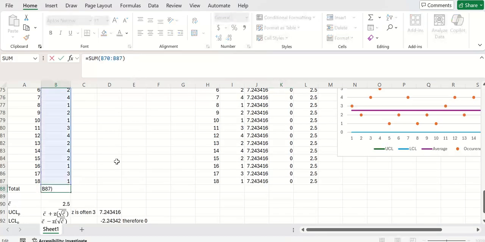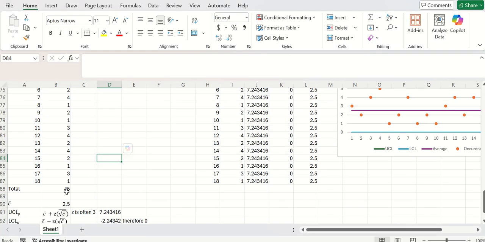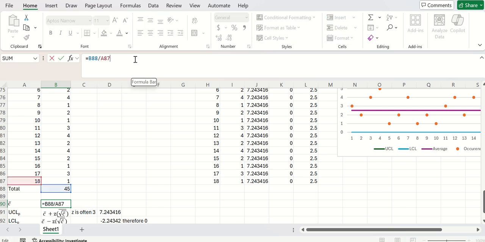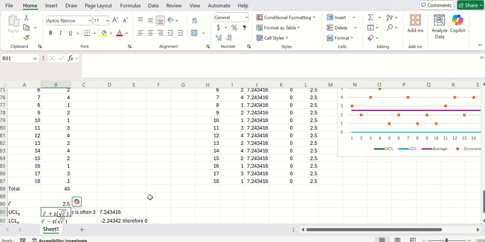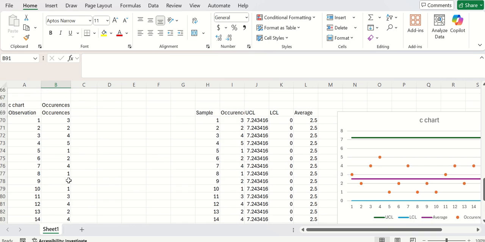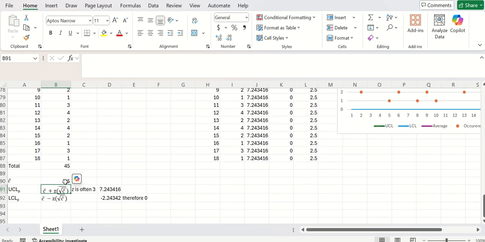We sum up the number of occurrences. All right, there's 45. To calculate the average, we take the total number of defects that we have found divided by the total number of times that we have sampled, in this case 18. So the average number of occurrences that we get over the 18 days is 2.5.